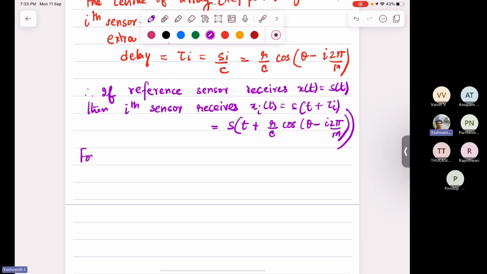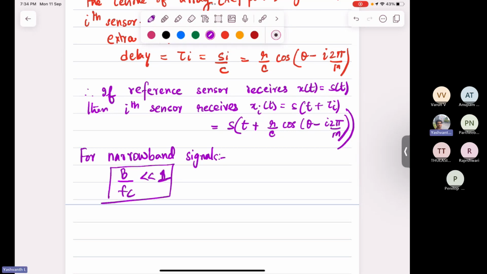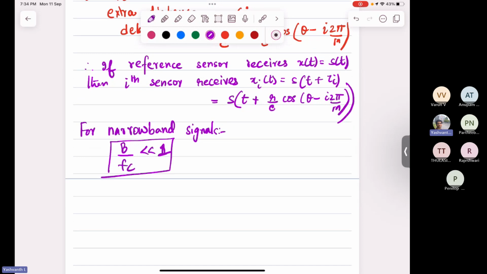For narrowband signals, for those of you who know this, no problem; otherwise, don't worry. Narrowband signals are those where the bandwidth occupied by the signal divided by the carrier frequency in which they're operating is much less than 1. For a narrowband signal, you can approximate this s of t as s of t into e power j2 pi f r by c cos of theta minus i2 pi by m.